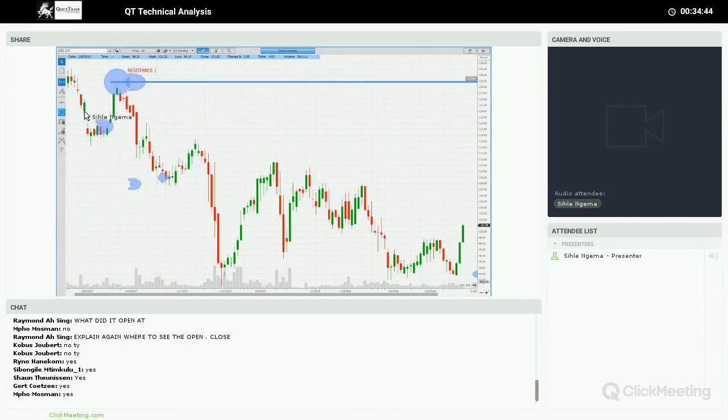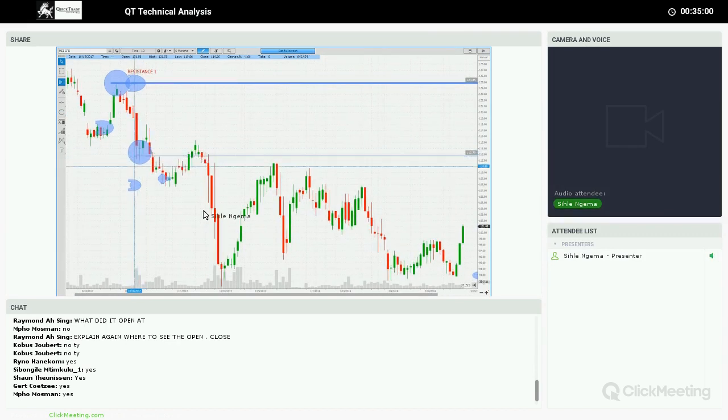Now let's go and see where my support is. My support is here, this particular area there. This particular area here was support. Let me increase the boldness of the line there. So the share came down when it reached this particular price of around 112.78.